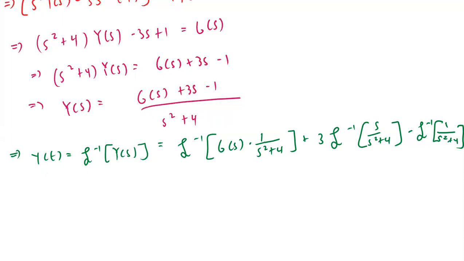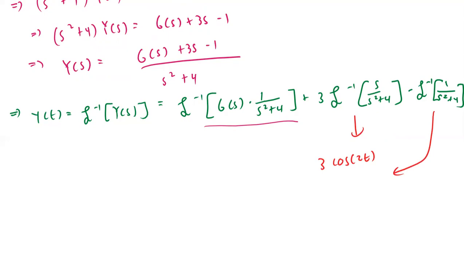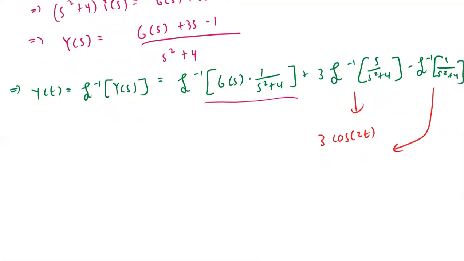Now let's do this term, let's leave it for last. Okay, so let's do the other ones. So this one is very easy. It's just 3, this one I think I remember. I think this is 3 cosine of 2t, because k is equal to 2. Now for the other one here, we are going to have to do a little bit of work. It's almost in the right form, but what we have to do is multiply by 2 over 2, like we've done before.